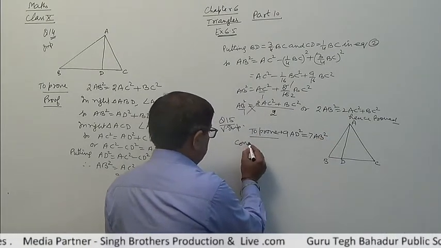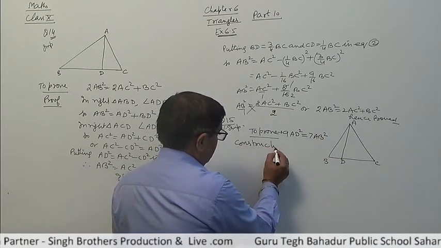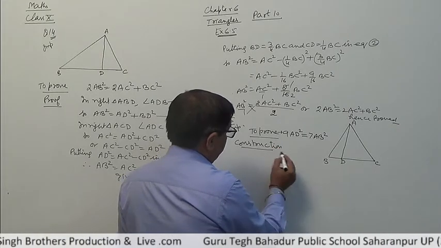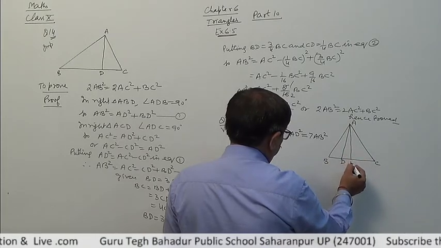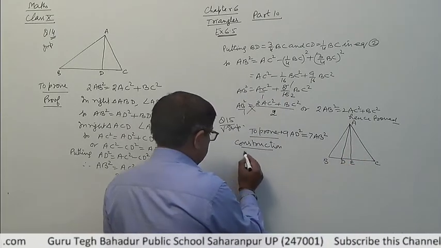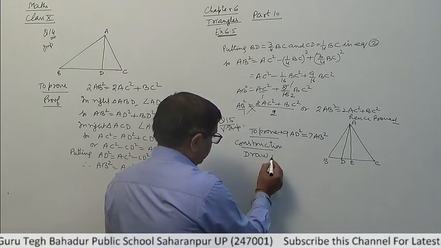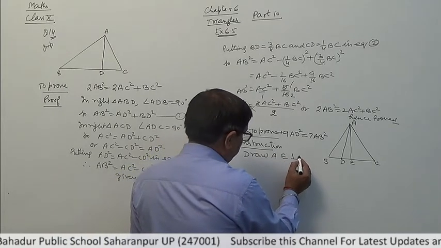Construction: draw AE perpendicular to BC.